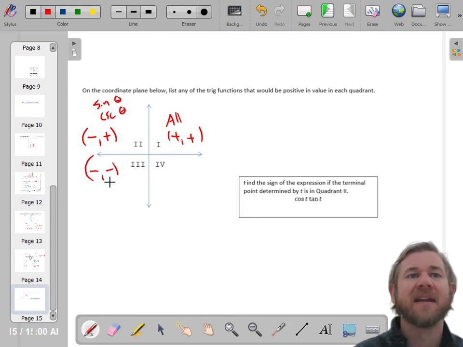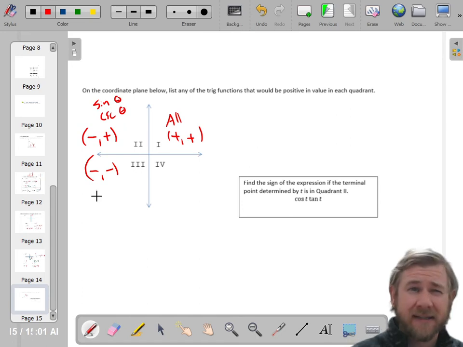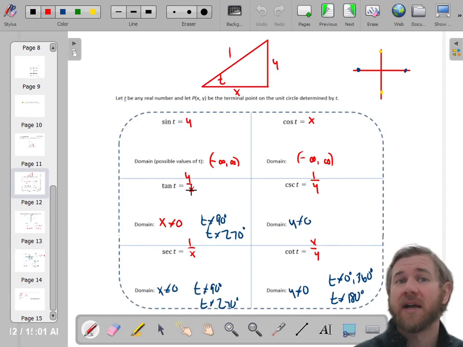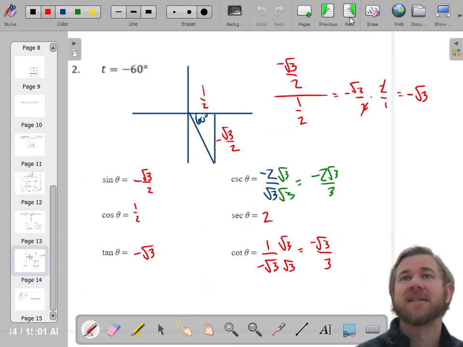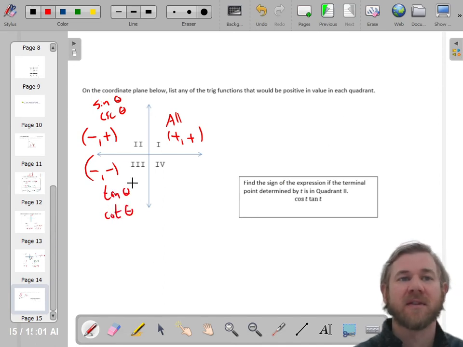In the third quadrant, it's negative, negative. So sine is negative, cosine is negative. What's positive? If you divide them, like y over x, that would be positive, because a negative divided by a negative is a positive. So the tangent is positive, which means the cotangent is also positive in the third quadrant.